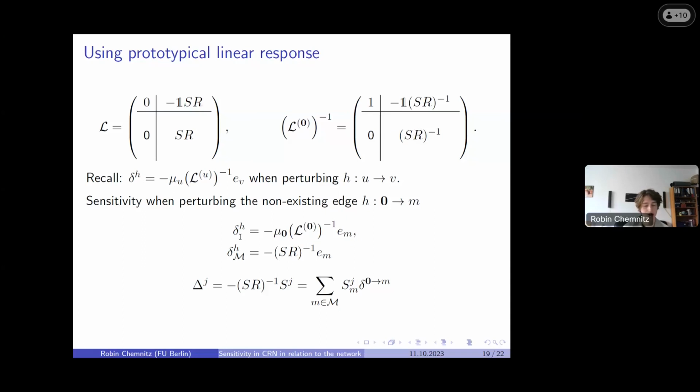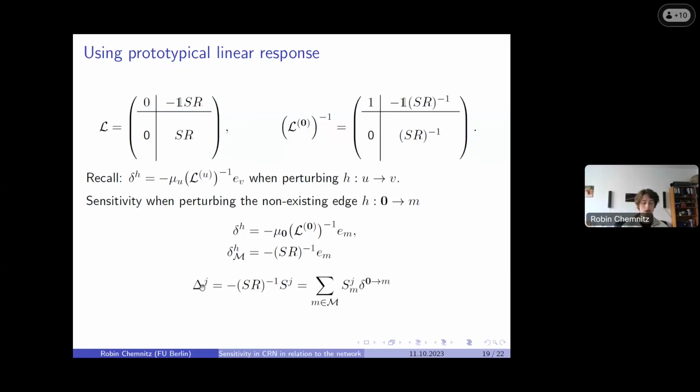So if we restrict this vector, which is in m and 0, to just the metabolites m, then we exactly get minus SR minus 1 times EM. So all that remains is that we need to sum up a few of these to exactly reproduce this sensitivity of the chemical reaction network. And that is that we sum over all the inputs and outputs of this reaction J. And then we have these responses of the prototypical linear response in here.